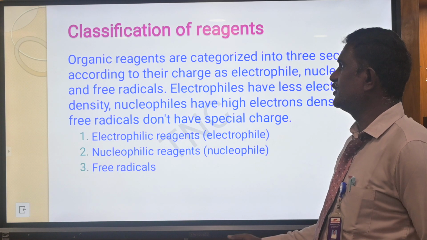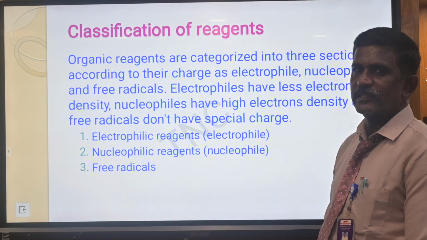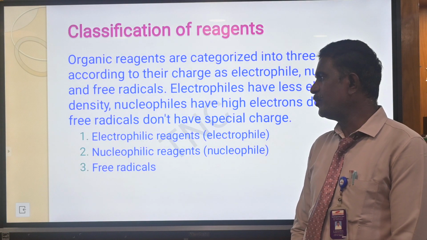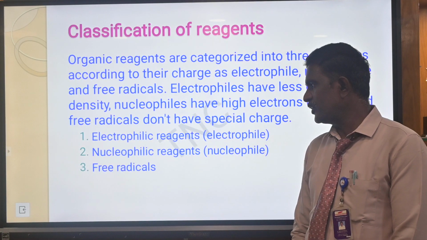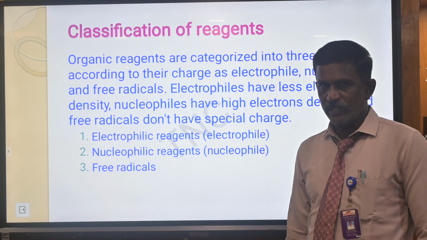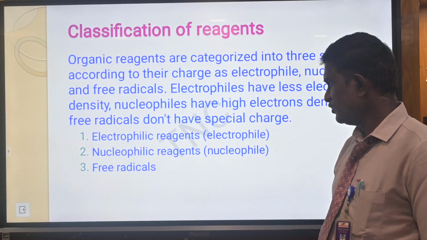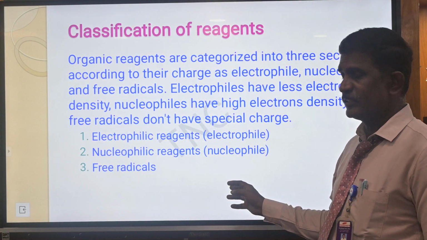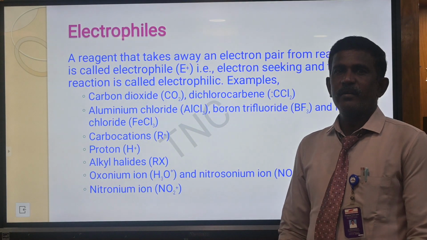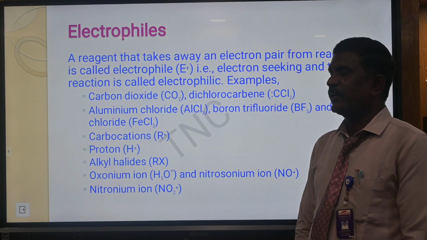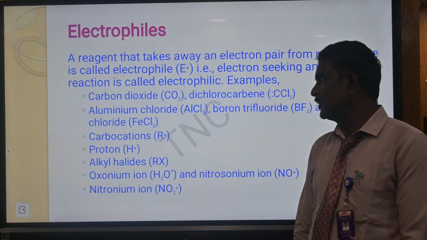Classification of reagents. Based on the charge present in the reagent, we can have 3 major categories. One is electrophilic reagent, another is nucleophilic reagent, third is free radical. What are electrophilic reagents? Electron liking species, or we can say electron deficient species.